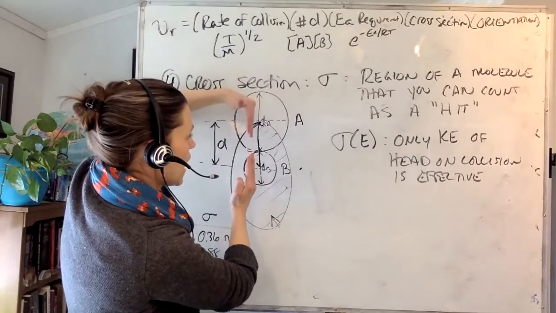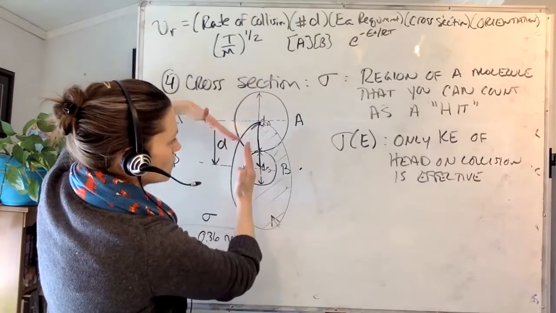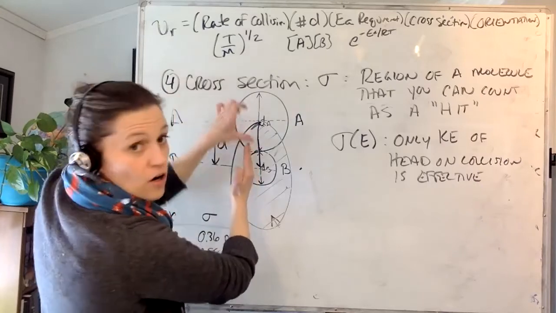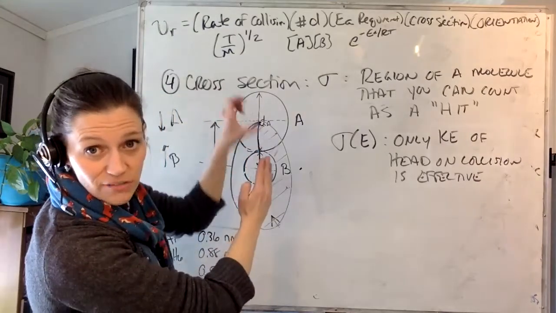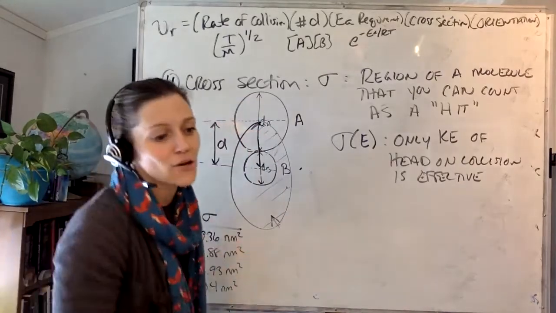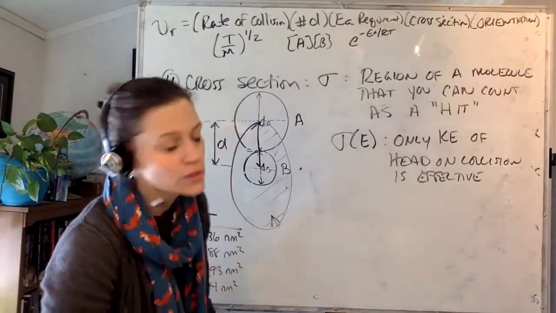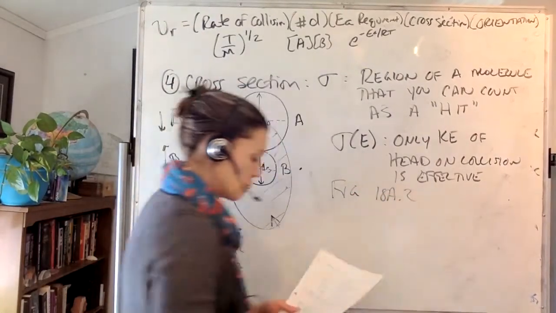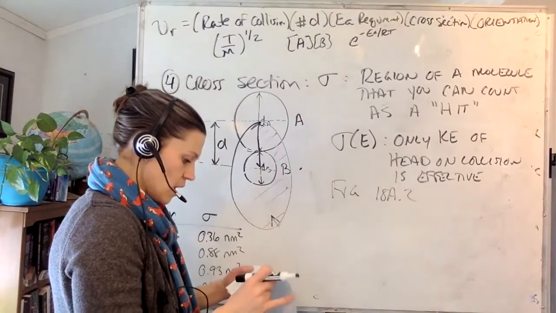But if it's not head on, say A is coming in angled, then you'd want to take the vector component of the head-on collision component of the velocity vector. How do you do that? We won't, but you can. Check out figure 18A.2, a beautiful representation there.